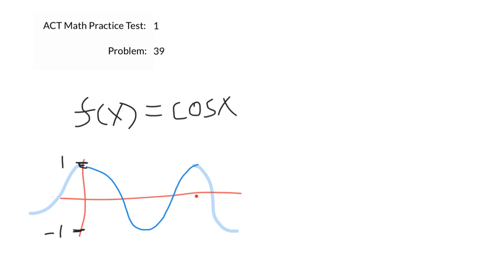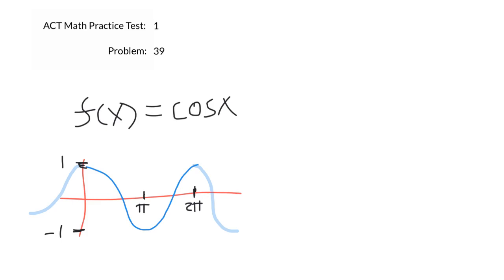It's also the case that this x value is typically denoted with 2 pi, for 2 pi radians. Therefore, the middle point there would be pi. It's also the case that this is pi over 2 and this is 3 pi over 2. We're not going to worry about that for now.